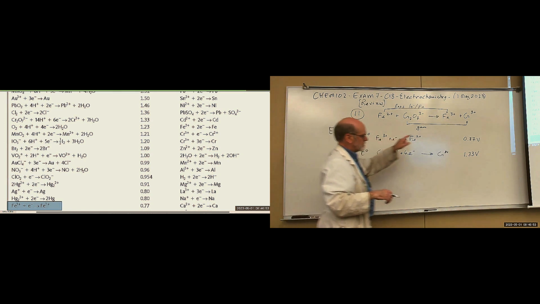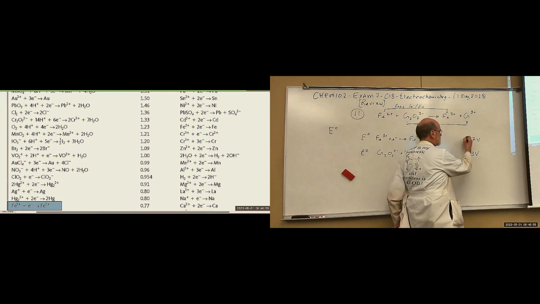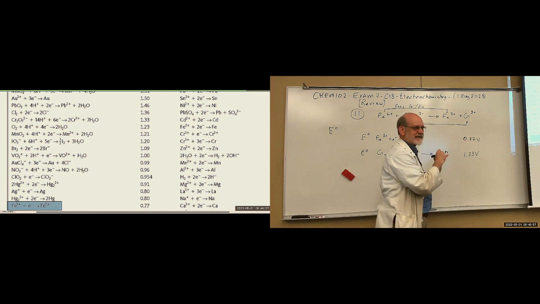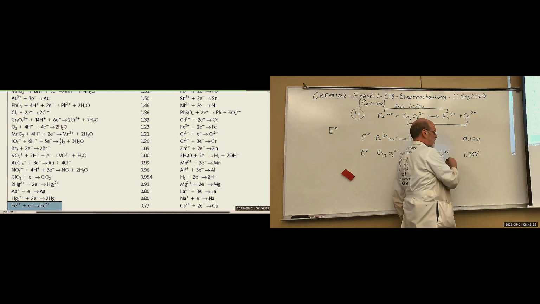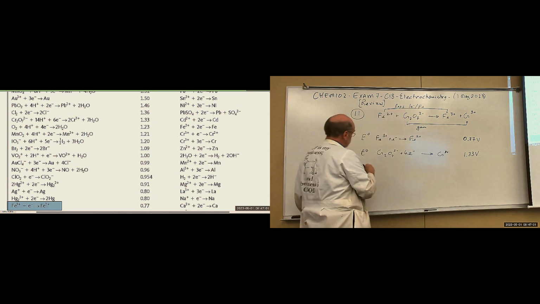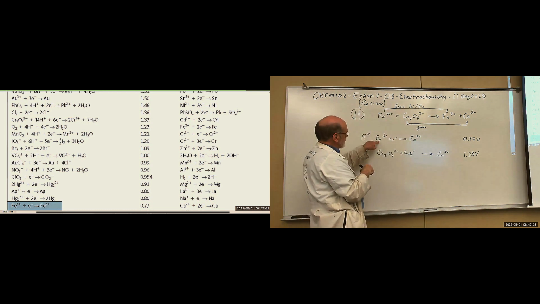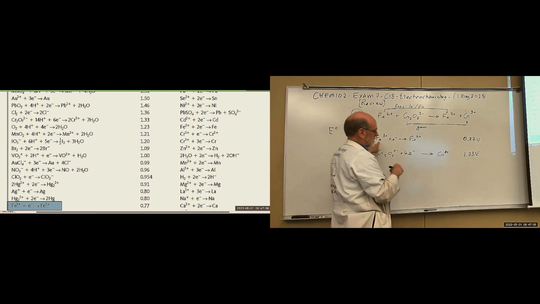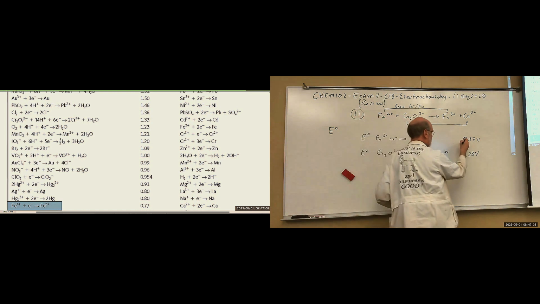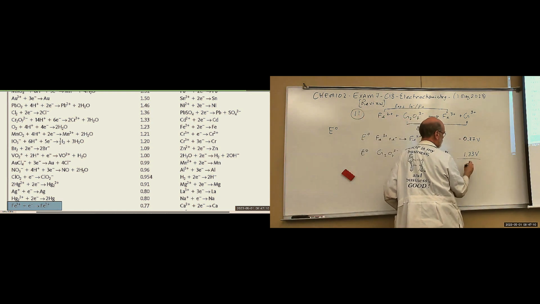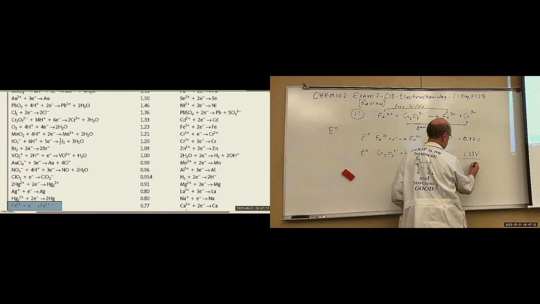It just matters these values here, because this is an intensive property. All right, so if this one is going to be the oxidation, that means this one becomes negative. And then when you put them together, you get 1.33 minus 0.77, which is 0.56 volts.